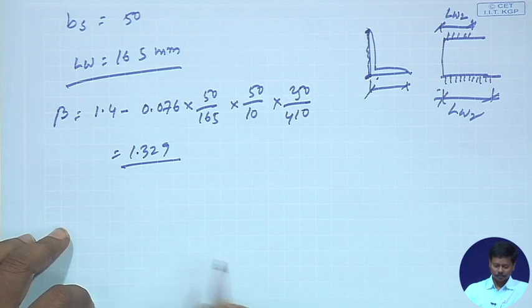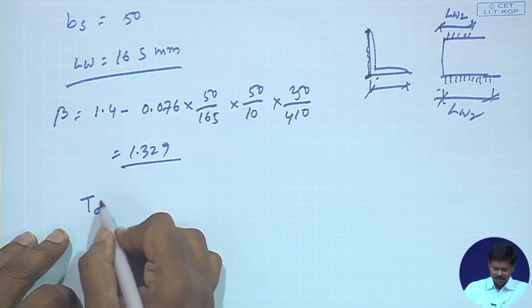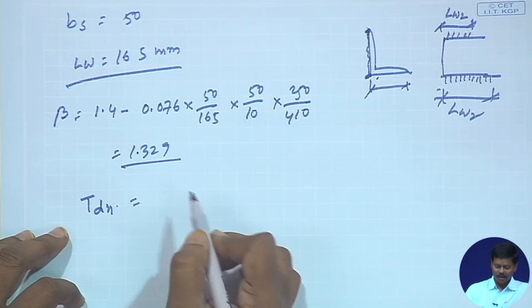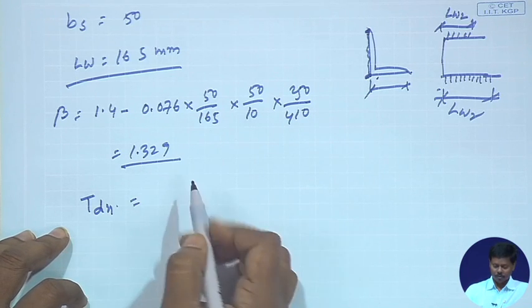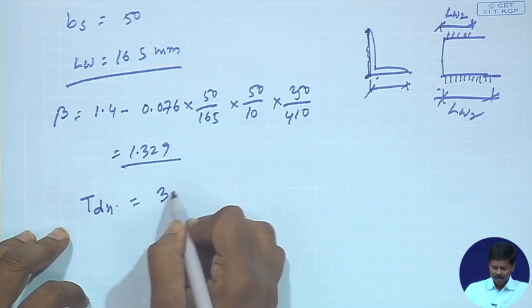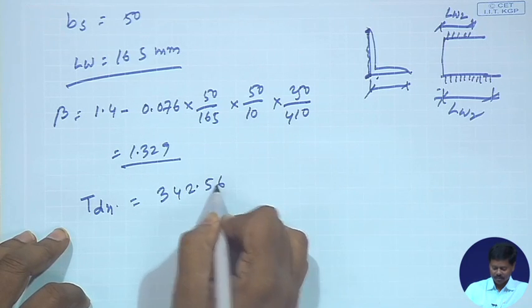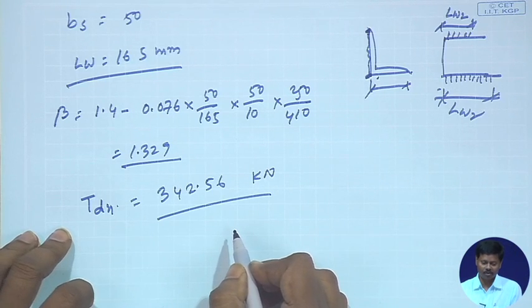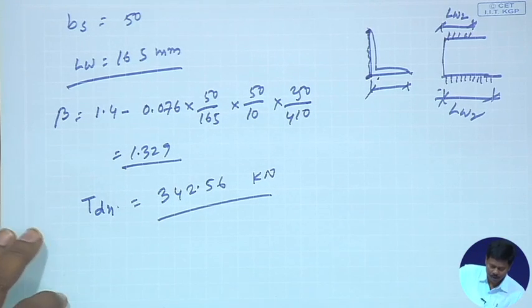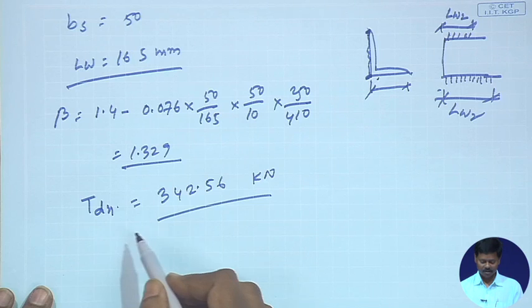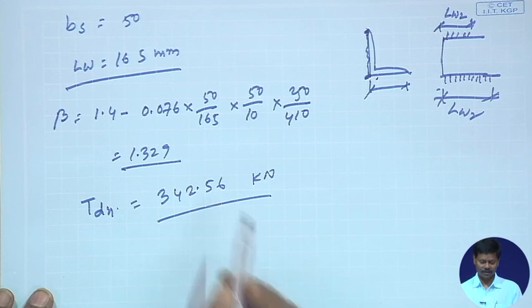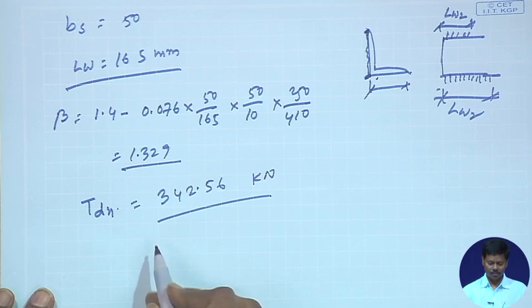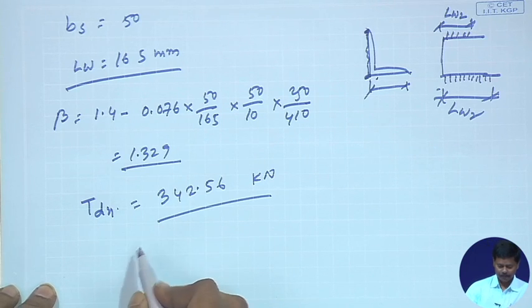So, I can find out the TDN value. If I put those values, TDN will become 342.56 kilonewton. I am not going into details, because all the parameters are known. Right.